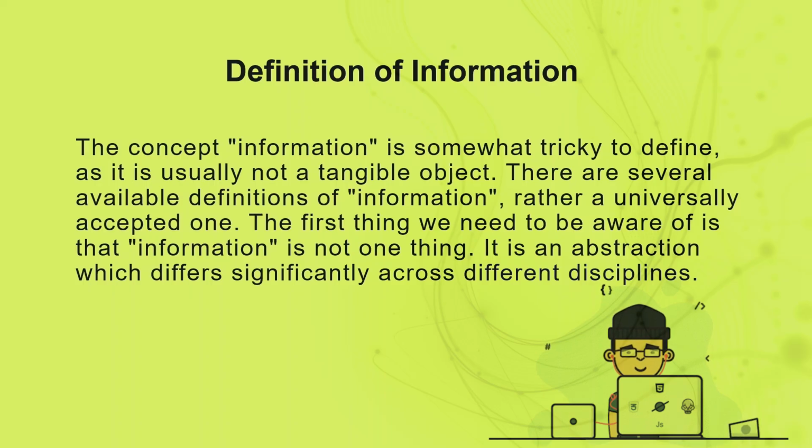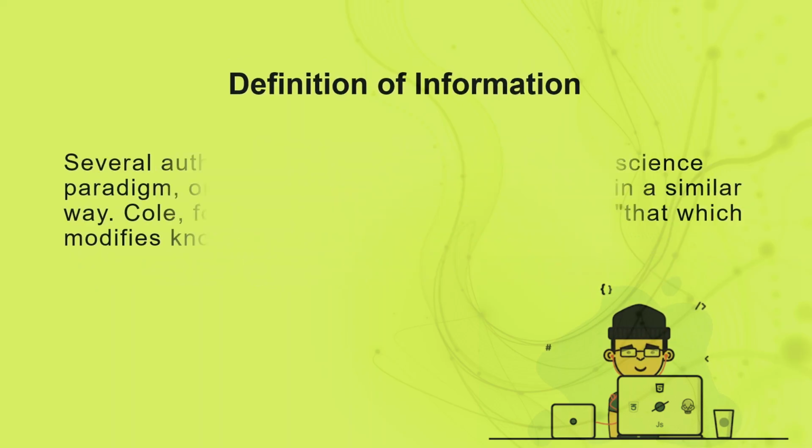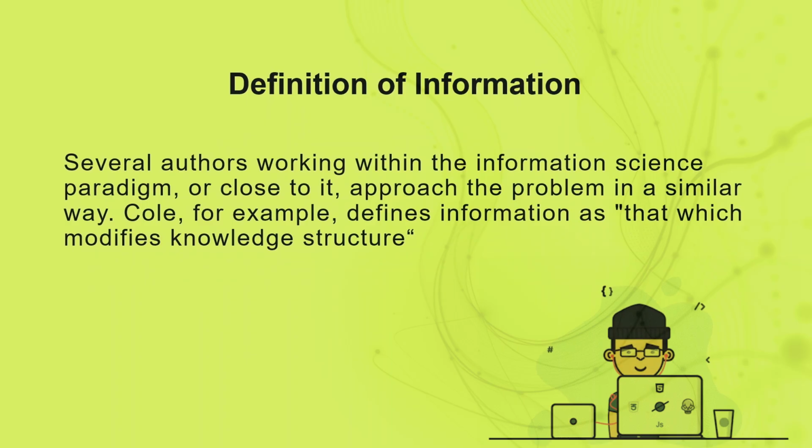It is an abstraction which differs significantly across different disciplines. Several authors working within the information science paradigm or close to it approach the problem in a similar way. Cole, for example, defines information as that which modifies knowledge structure.